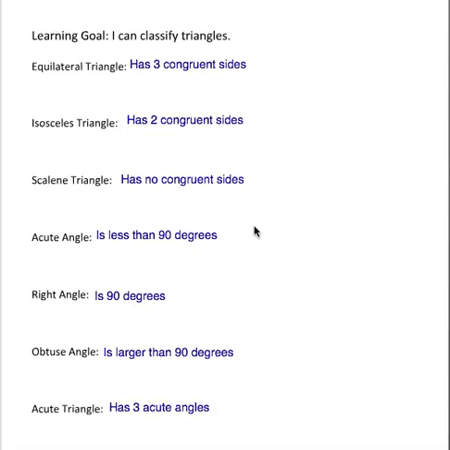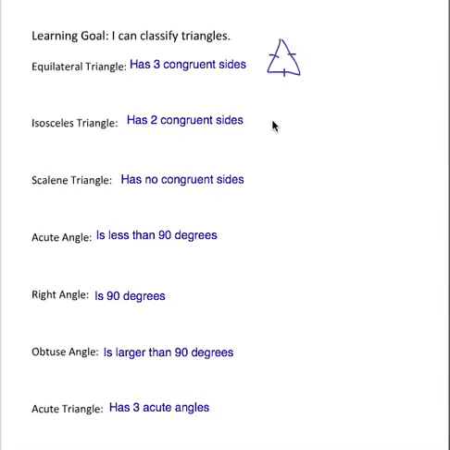An equilateral triangle means that the triangle has three sides that are equal. All three sides are the same length. That would be an equilateral triangle. And that one's easy to remember because it's equilateral. Equilateral triangle, three sides that are equal.